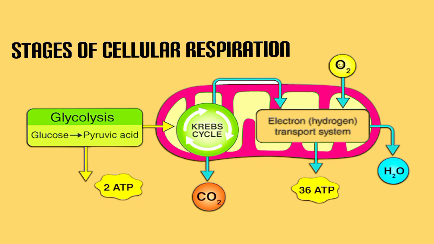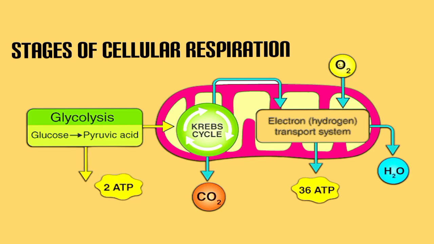The next stage is what we call the Krebs cycle or tricarboxylic acid cycle. It can also be called citric acid cycle. Krebs cycle takes place in the mitochondria. This is why the mitochondria is regarded as the powerhouse of the cell. So it happens in the presence of oxygen. So the Krebs cycle is the aerobic stage of the cellular respiration.